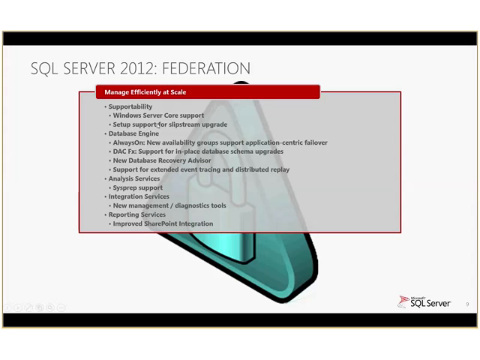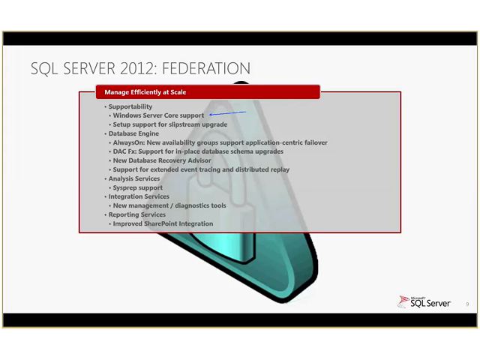More federation to help us manage servers at scale. We get Server Core support. We can now run some of the components of SQL Server on Windows Server Core. Before, we had to run on the full server.